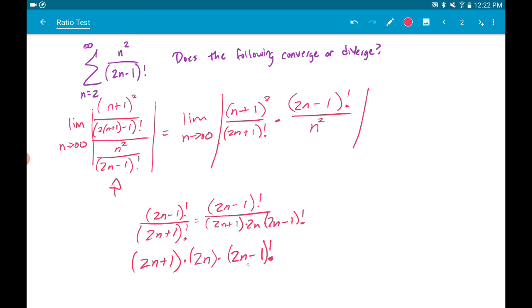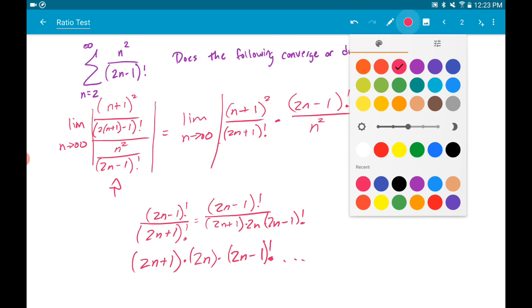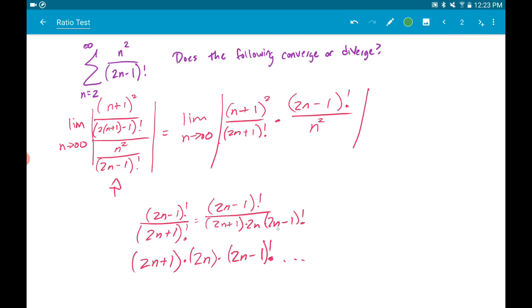Why did I stop there? Well, I don't want to go on forever, but I also kind of want to stop when I can get rid of the numerator. And so if you notice, I'm going to be able to cross those factorials out and essentially rewrite it as 2n plus 1 times 2n. That's what the factorials are going to simplify to.